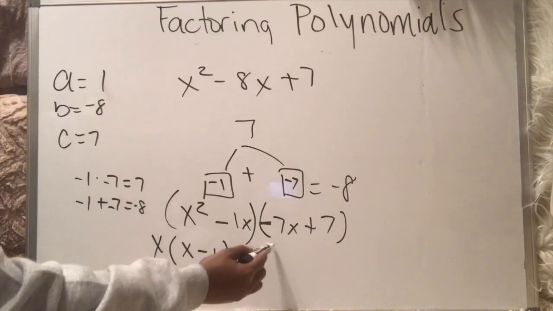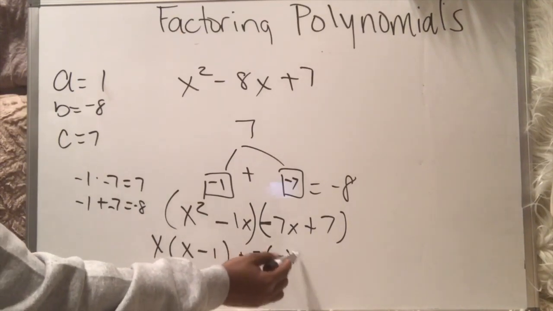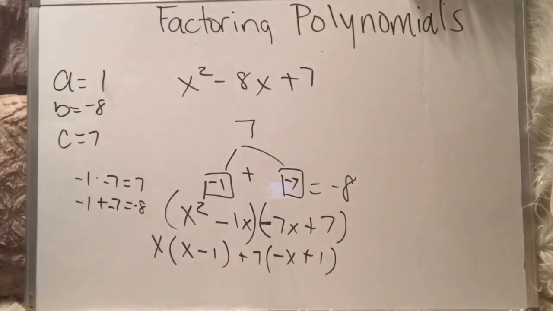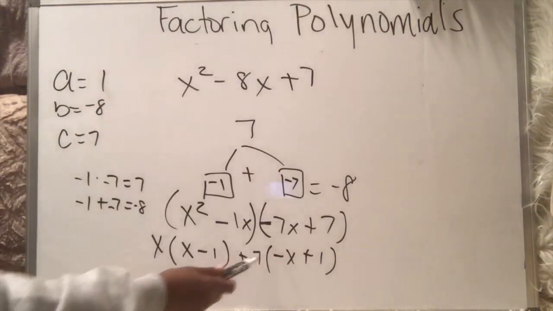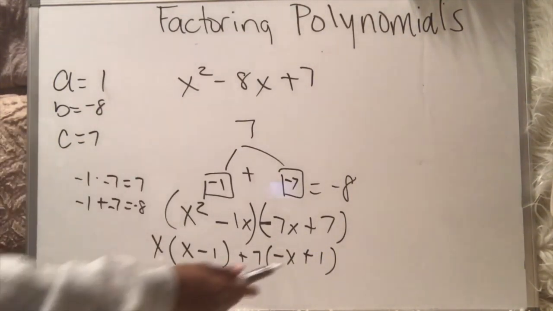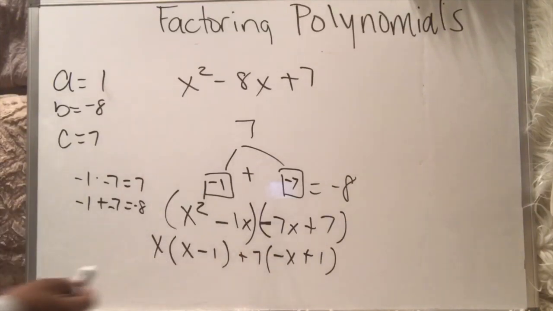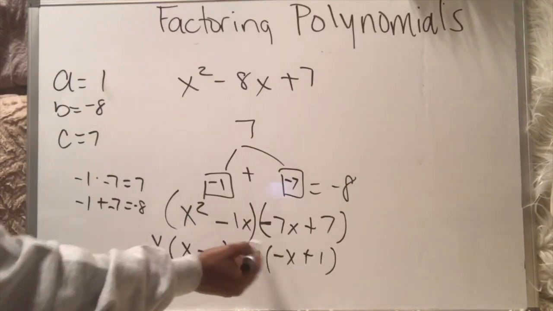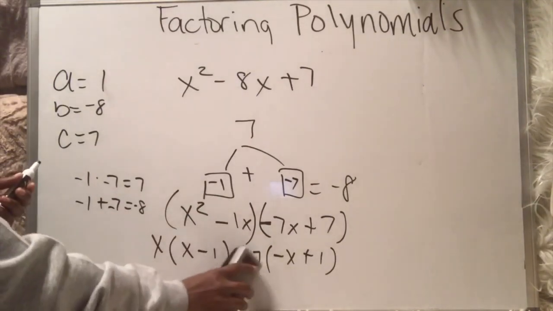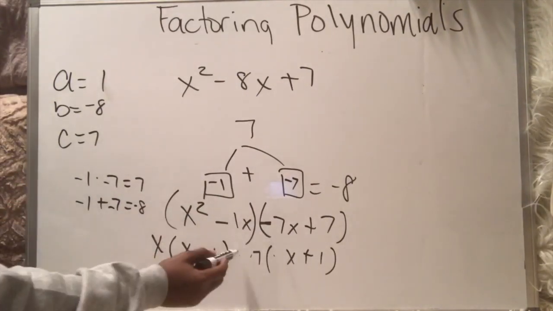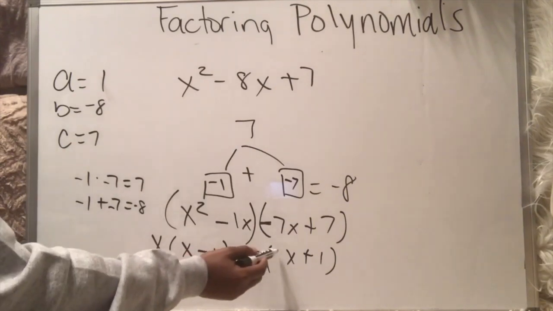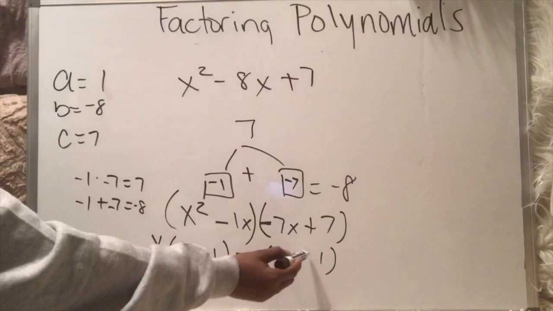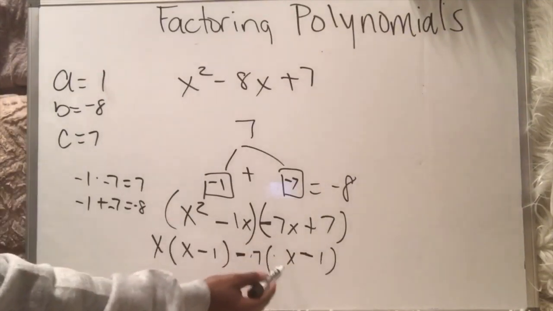So we're taking out a 7 and we're left with negative x plus 1. We almost have them looking alike, except we have a positive and a switch. So what if I took out a negative from here and made this negative? Now this becomes positive, and whatever I did right there, now all my signs have changed for this one.